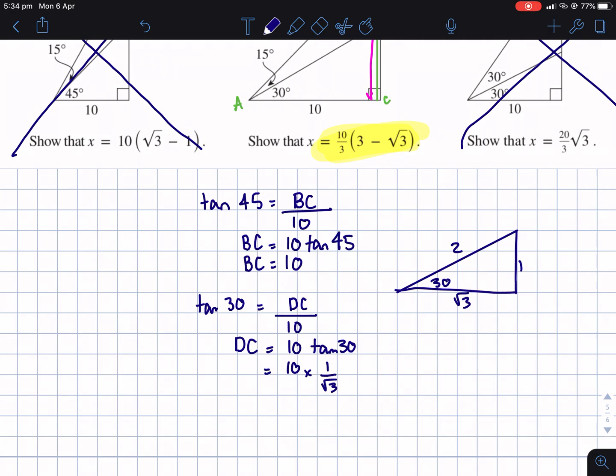And if I wanted to rationalise that, I'd get 10 root 3 over 3. So X is BC minus DC, so I've got 10 minus 10 root 3 over 3.